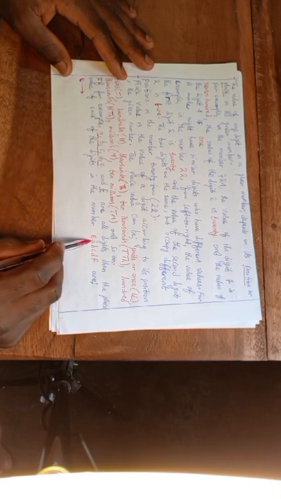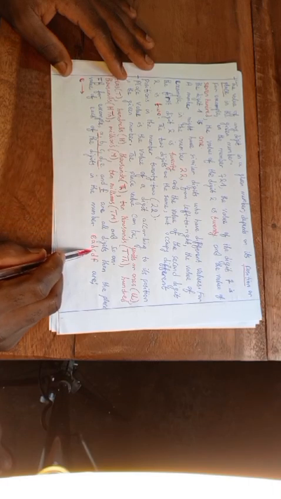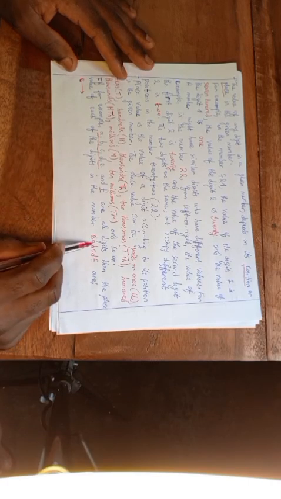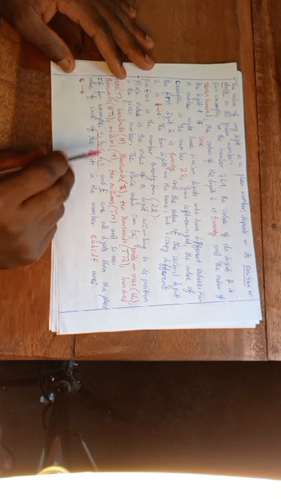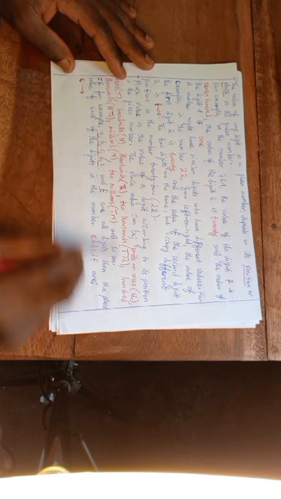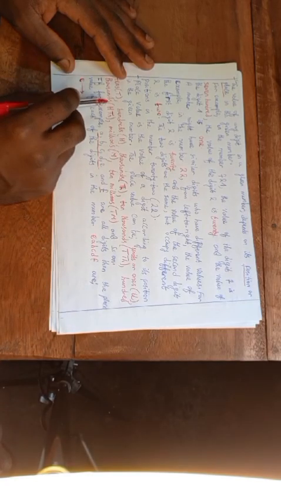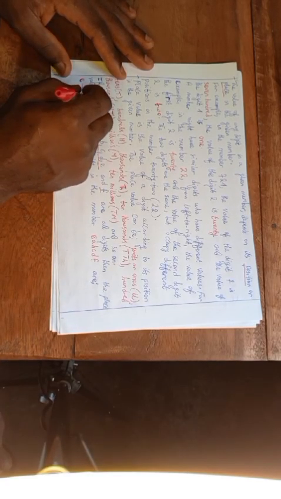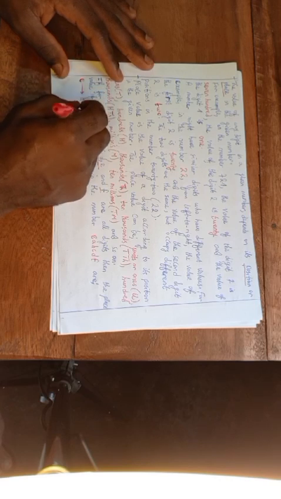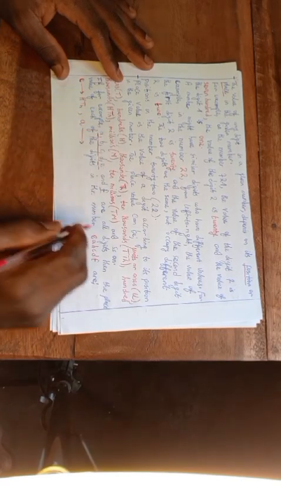So if we take the first digit E, if we count the number of digits after the first digit E, we have 1, 2, 3, 4, 5. There are 5 of them. So the place value of E will simply be hundreds of thousands, so 100,000.